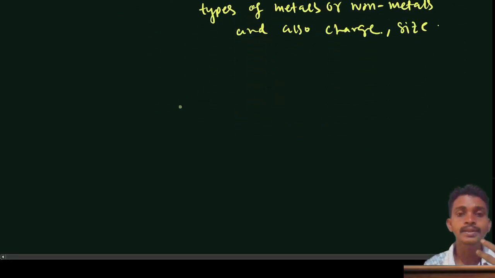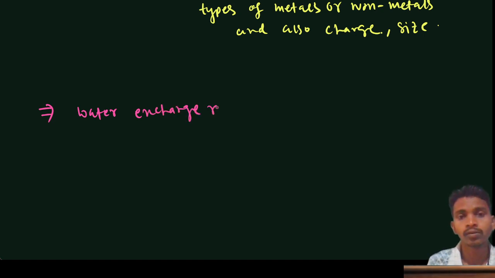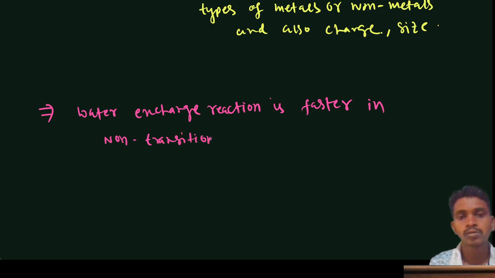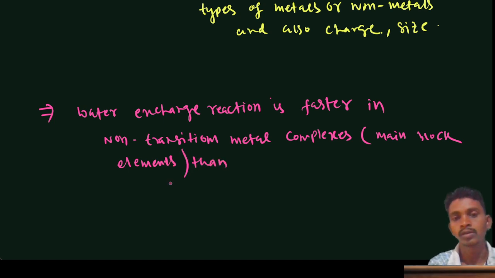So for non-transition elements, what is generally found is that water exchange reactions are faster in non-transition metal complexes, or main block elements, than in transition metal complexes.